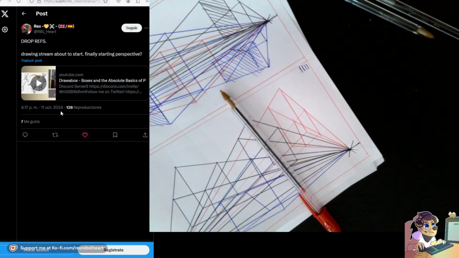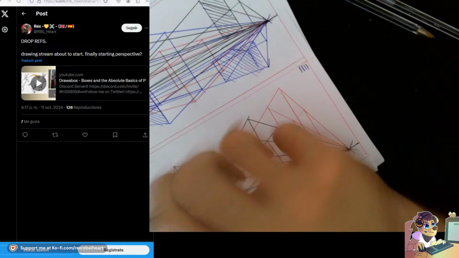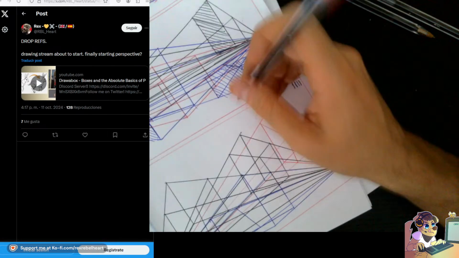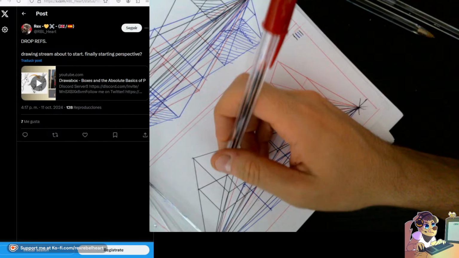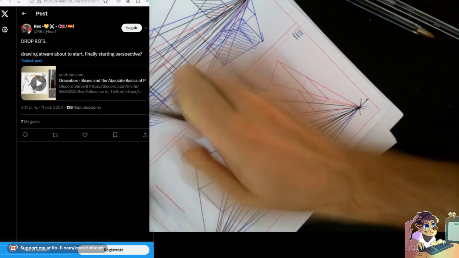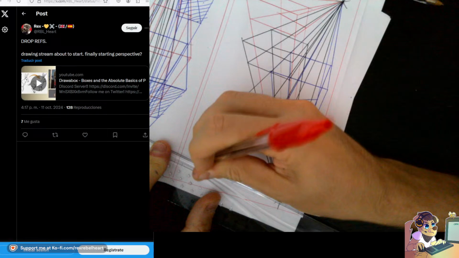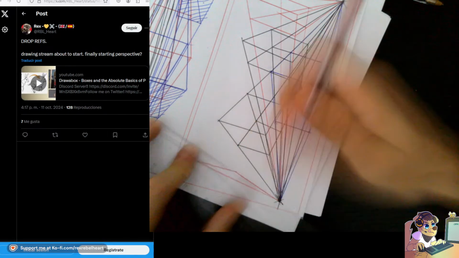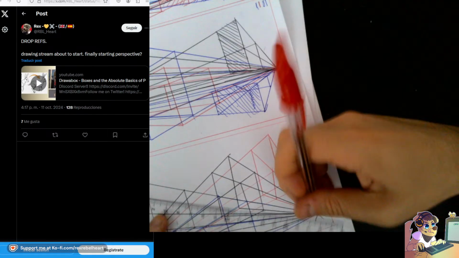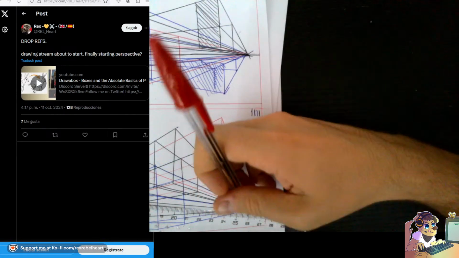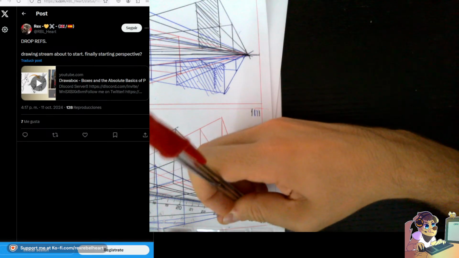So if anybody wants to drop a reference of either your character or a random character you want me to draw, after I finish this last box, I'm going to open those up and draw whatever's posted there to the best of my ability with the pen and with the paper.